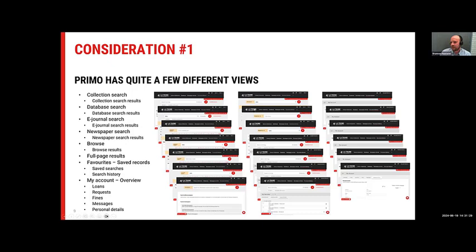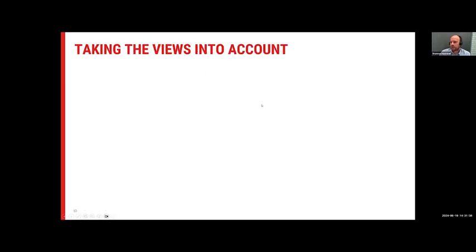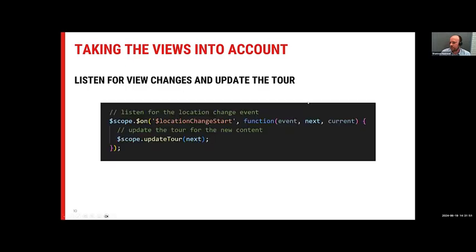But yeah, the fact that there are so many of them does mean that you can't just have a single guided tour that covers all of the possible views within Primo. So how do we take the views into account? We do this by listening for changes to the view and updating the tour accordingly. And the snippet of code for that is here, where we're setting up a listener function for the location change start event.